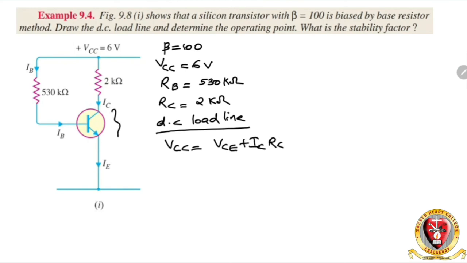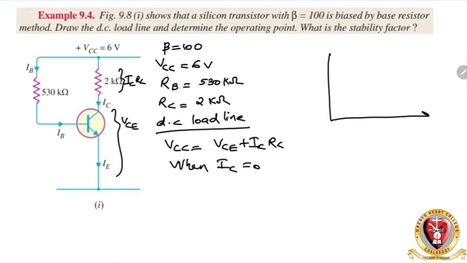Here also it is the same: this value is VCE and the drop across this is ICRC. So from this equation, we have to draw the load line. This is the load line, this is the value of VCE, and this is the value of IC.